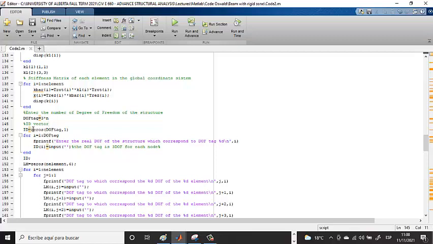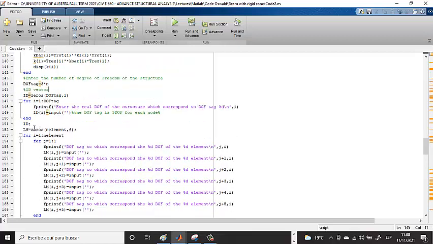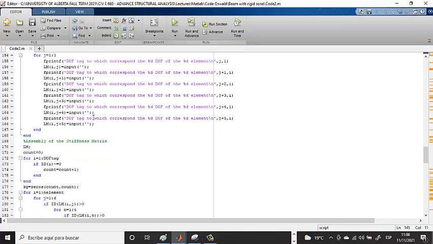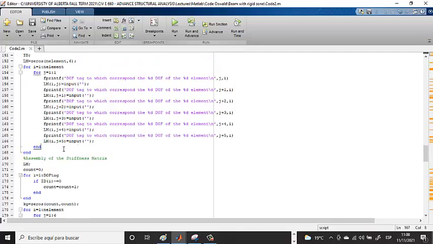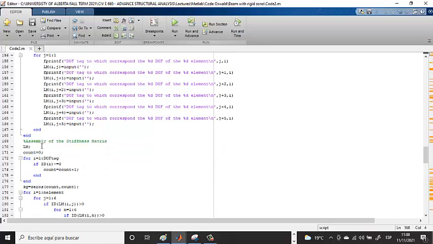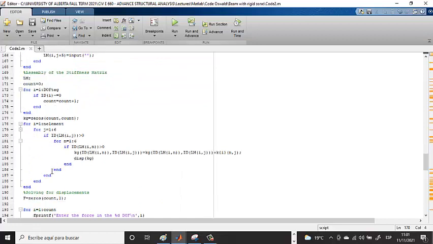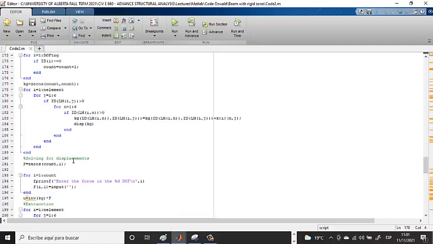So the idea is we need to input the ID, which is the real degree of freedom of the structure, and we need to relate the degree of freedom of each element to the degree of freedom tag of the global structure. We will see in detail when we input the data. Relating the degree of freedom of each element to the global degree of freedom of the structure, we can assemble the global stiffness matrix.